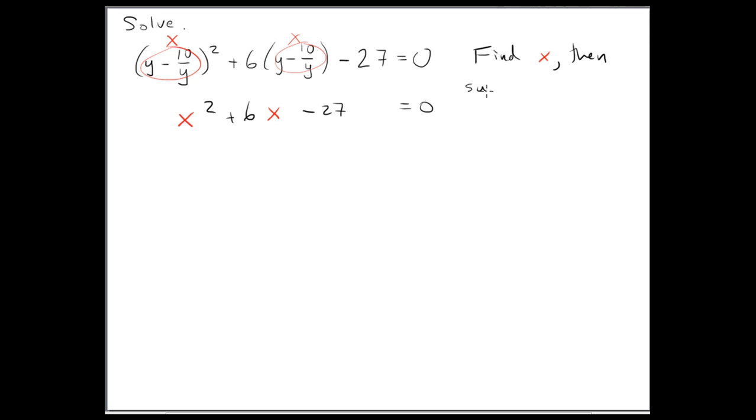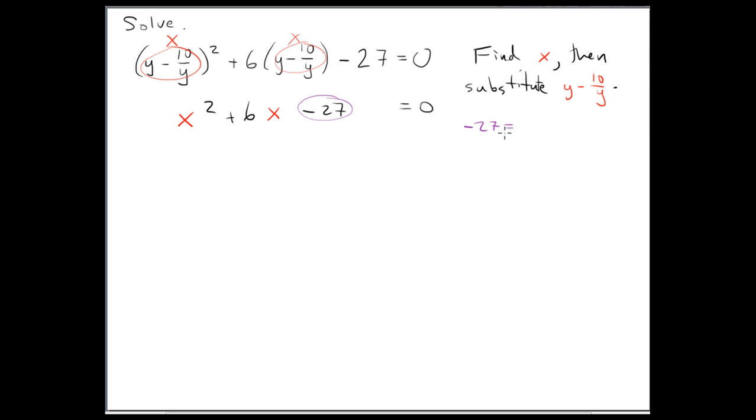Then we're going to substitute x with y minus 10 divided by y, and then we solve for y. So x squared plus 6x minus 27 is equal to 0. I think we can solve this.